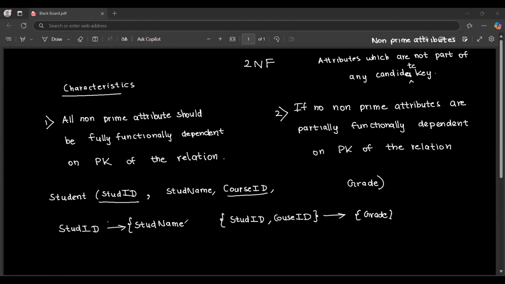These are the two functional dependencies you can arrive at here. But stud ID alone functionally determines stud name, which means stud name is not dependent on the whole primary key. It is partially functionally dependent on the primary key, because only stud ID determines stud name. That's the issue here, and in 2NF we are going to solve that.